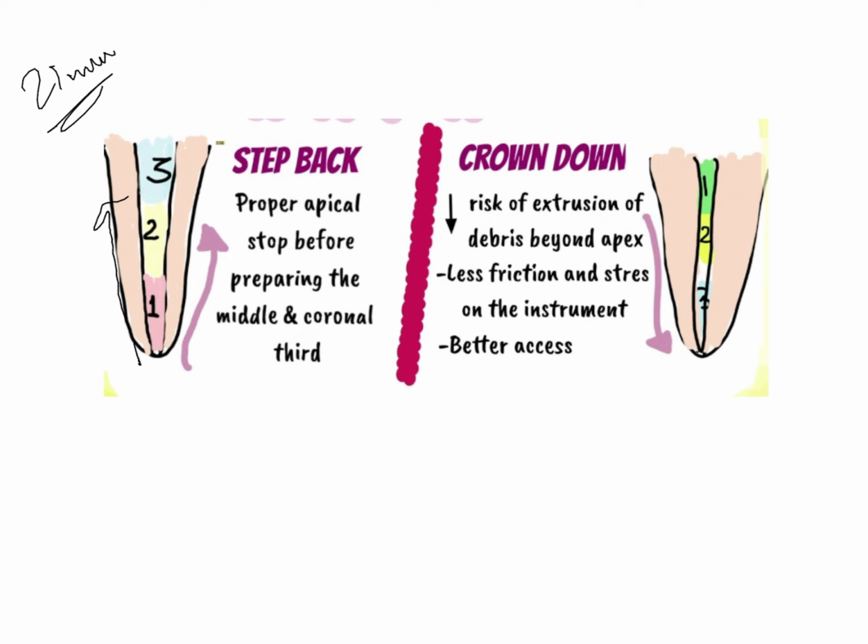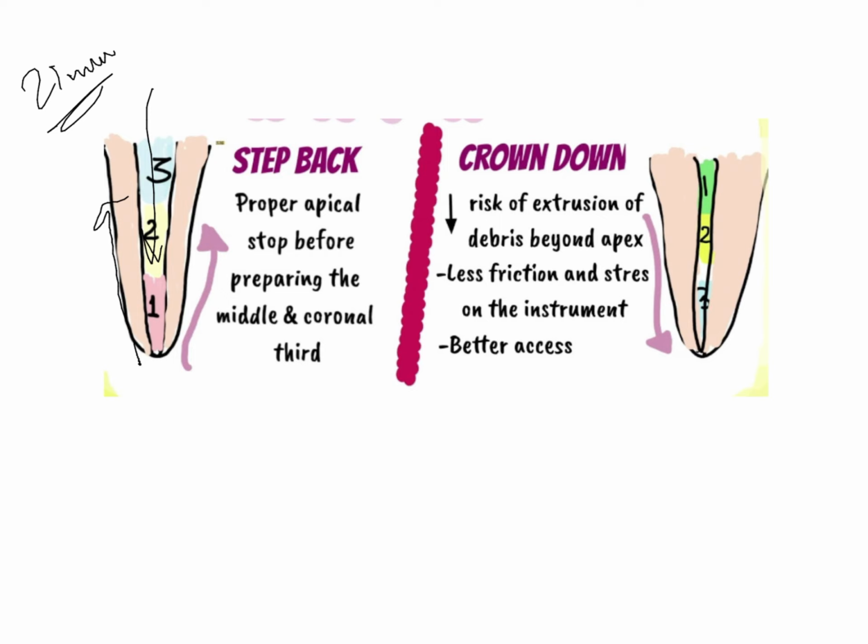There were dentinal shavings being deposited because when I was introducing a file from the top to the bottom, it was pushing whatever remaining dentine was there in the periphery, which was loosely attached. So that was pushing, what they used to call pushing of the dentine into the apical region.